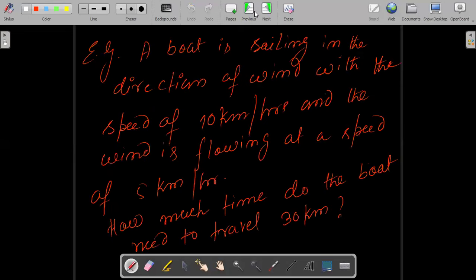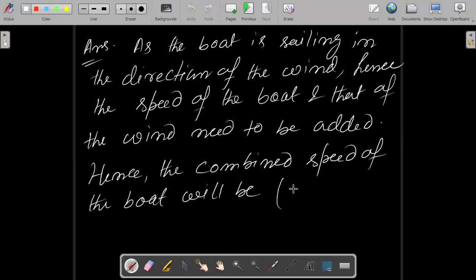Speed of the boat is 10 kilometer and speed of the wind is 5 kilometer. So it will be 10 plus 5, that is 15 kilometer per hour, right?